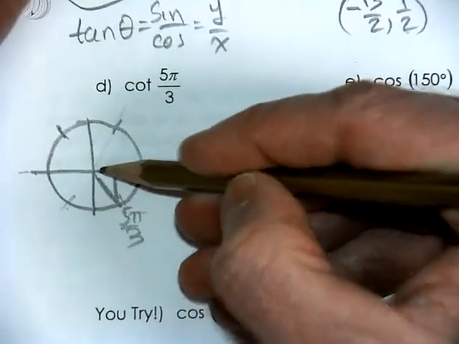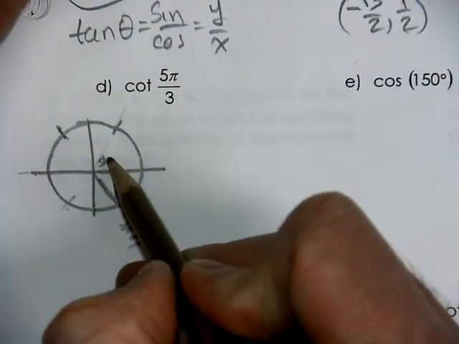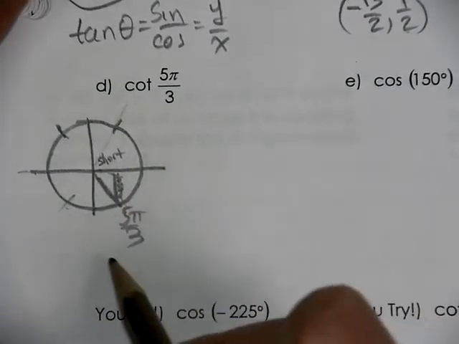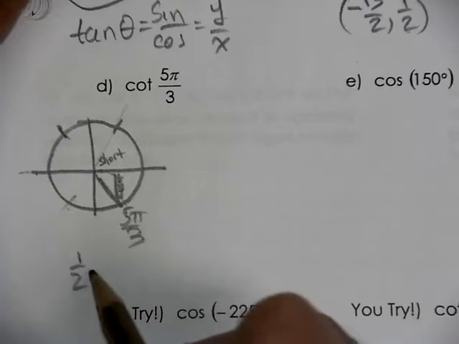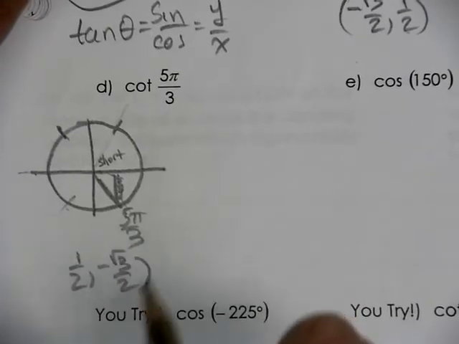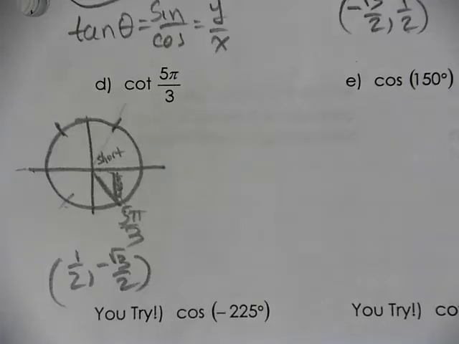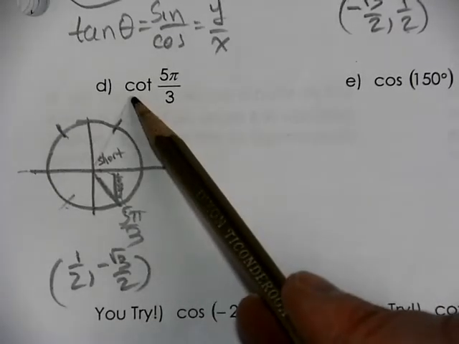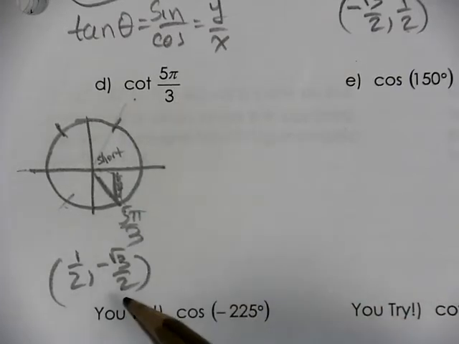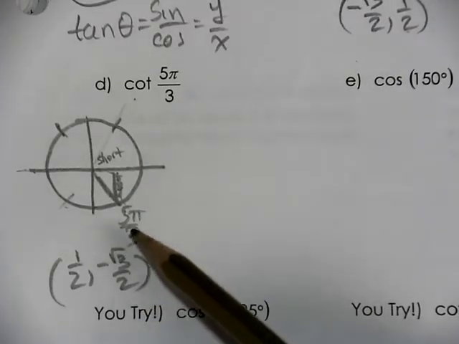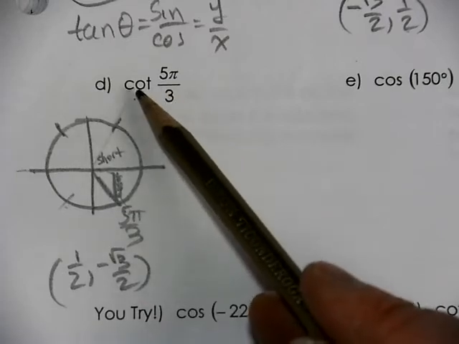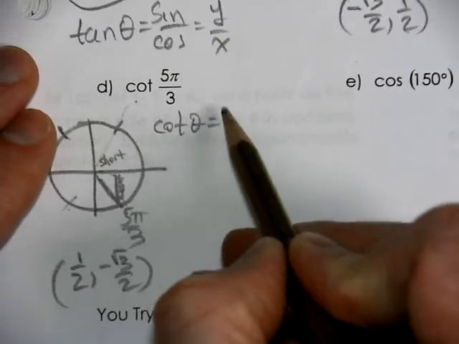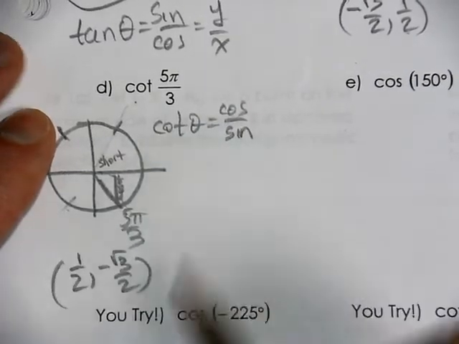Well, that's going to make a short side and a long side. So your coordinate's going to be 1/2, negative root 3 over 2. If you're doing cotangent, you can either find tangent first and then do the reciprocal, or you could go straight to understanding that cotangent is going to be cosine over sine.